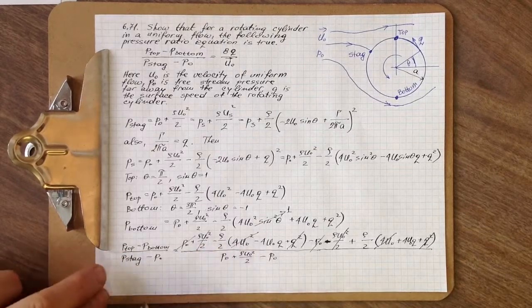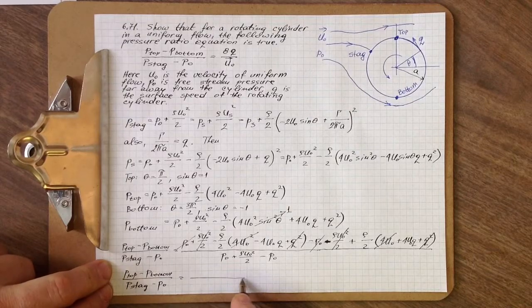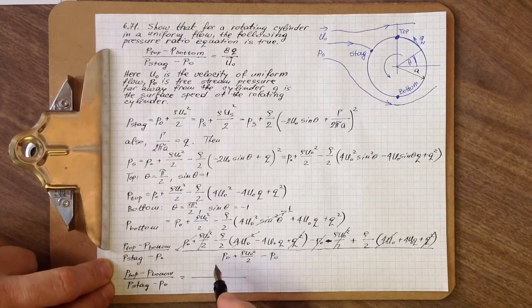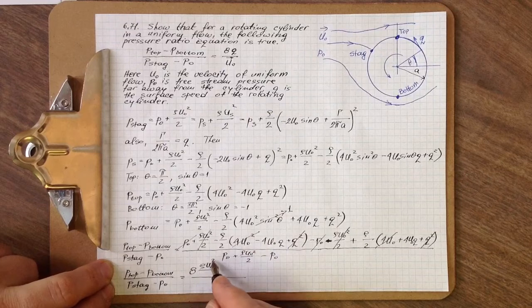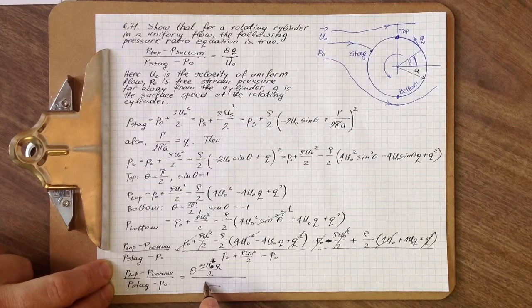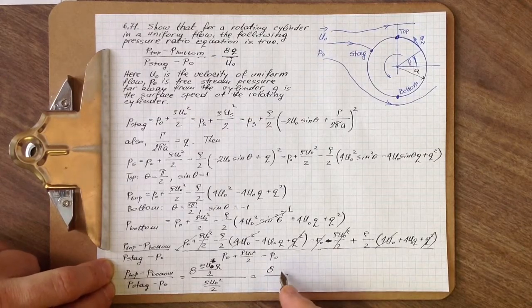All we're left with is basically now P top minus P bottom, or P stag minus P naught, equals 8 rho U naught Q, or half, divided by rho U naught squared half, which is equal to 8 Q over U naught.